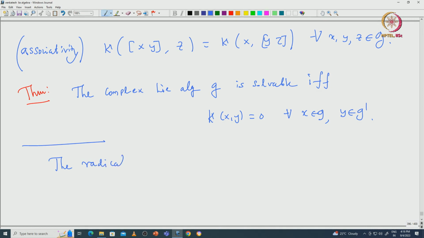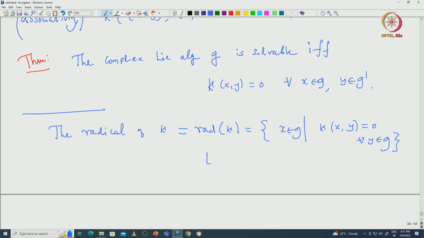The radical of the Killing form kappa, denoted by rad kappa, is the set of those x in g such that kappa kills this x for all y. So kappa of x comma y is 0 for all y in g. This is definitely a subspace of g.